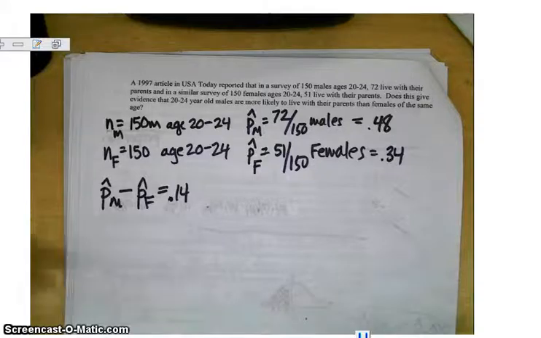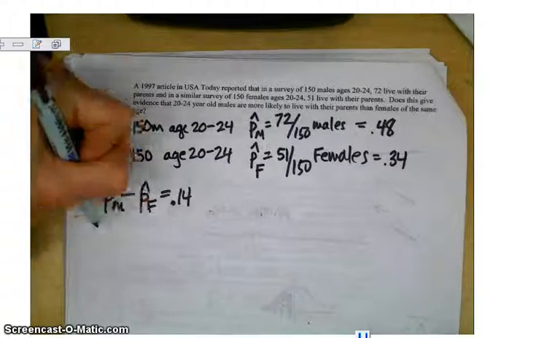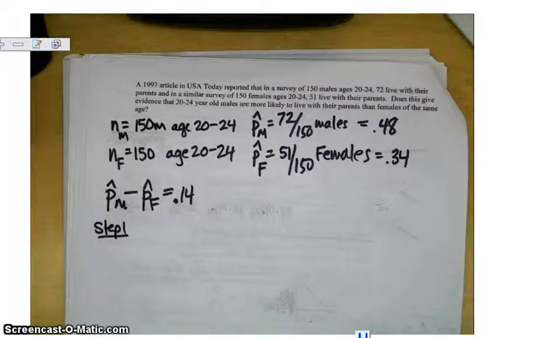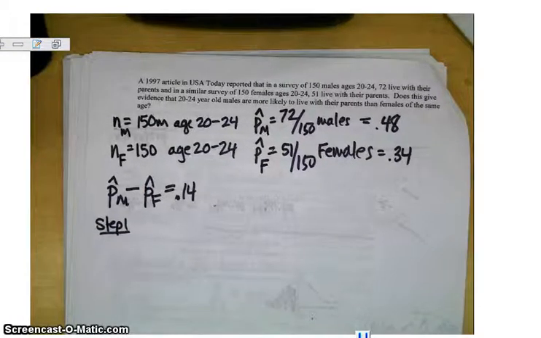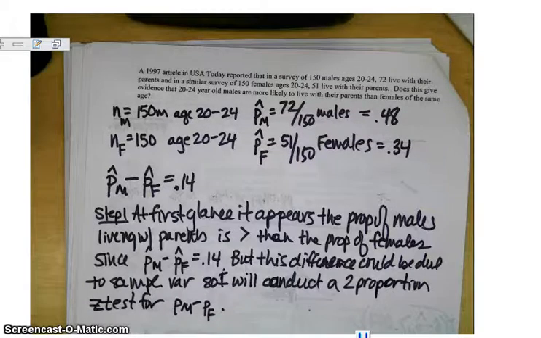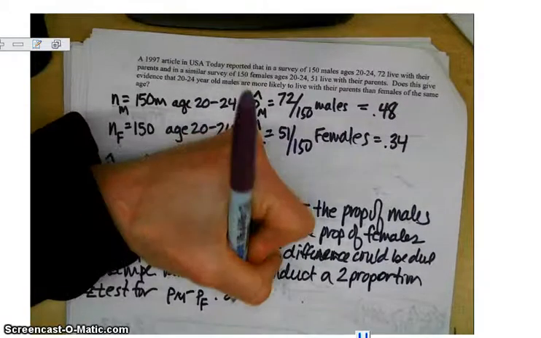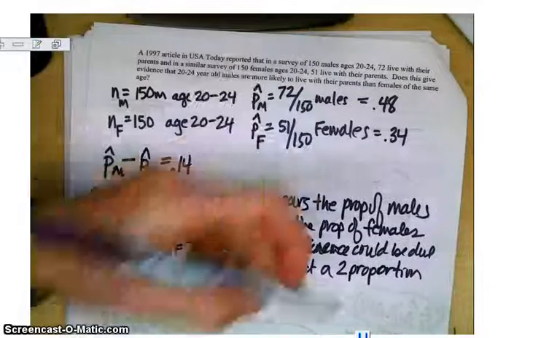All right, so let's just get started. Step 1. So we have our step 1 all written out. We need to pick our alpha of what? 0.05.